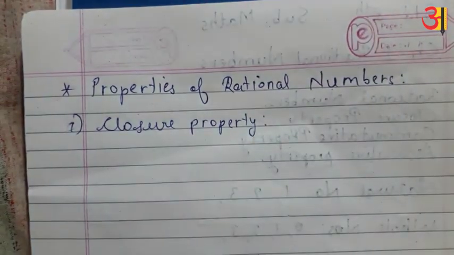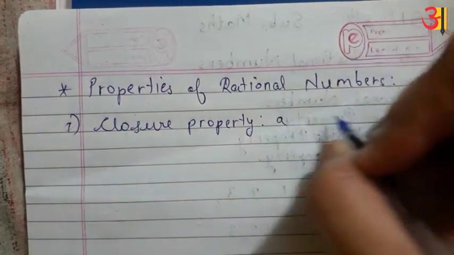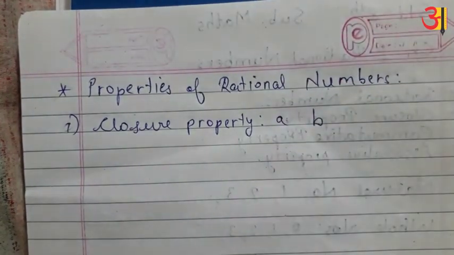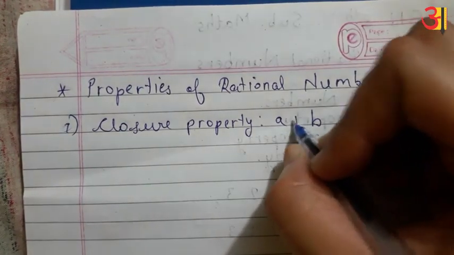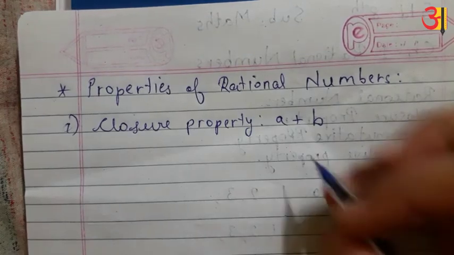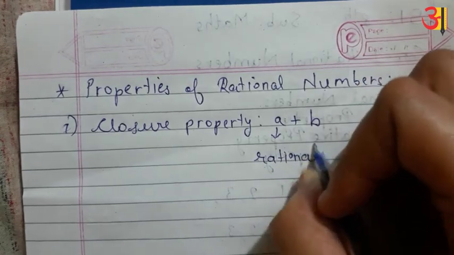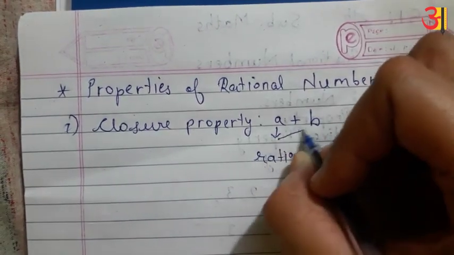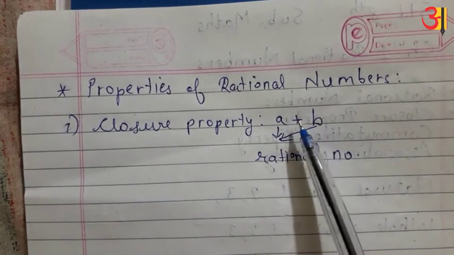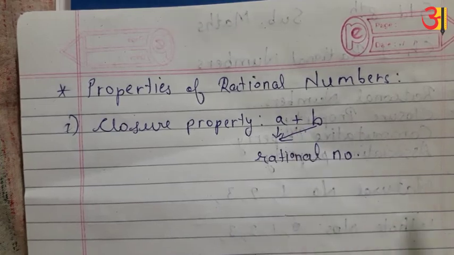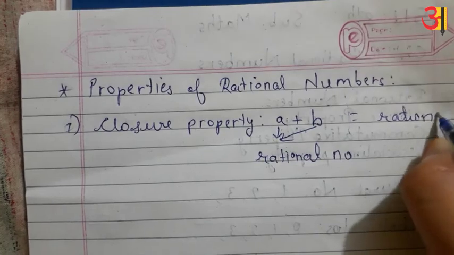In closure property, if any two numbers are given, let us consider A and B, and any operation is applied on them, let us consider plus, the condition is that A should be a rational number as well as B should also be a rational number. And if the operation addition is applied on both these numbers, then the answer obtained should also be a rational number.